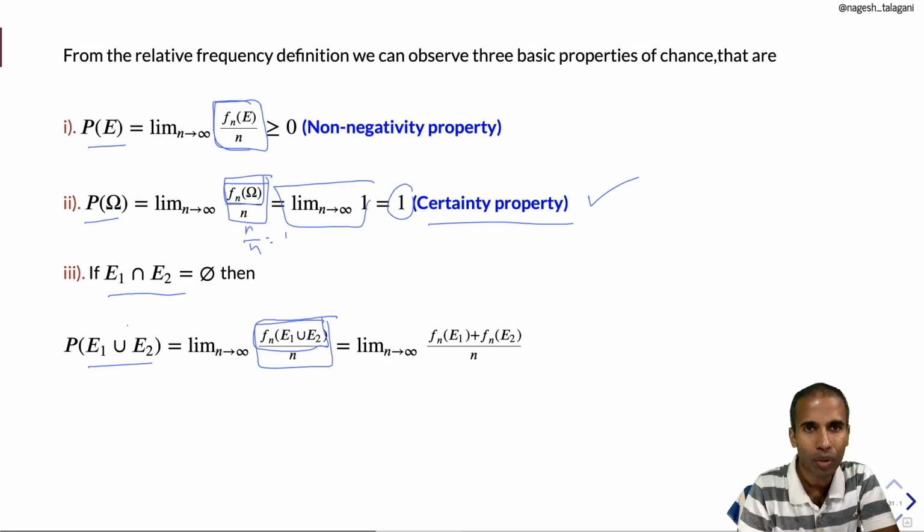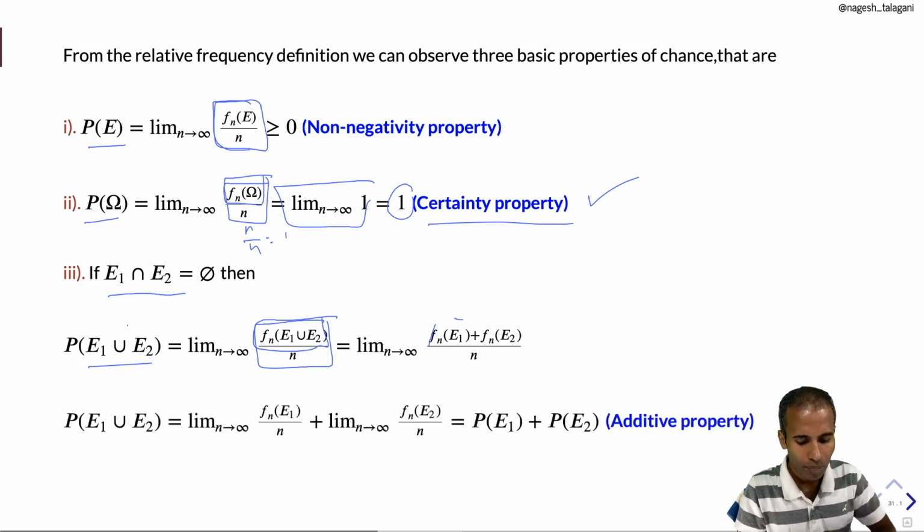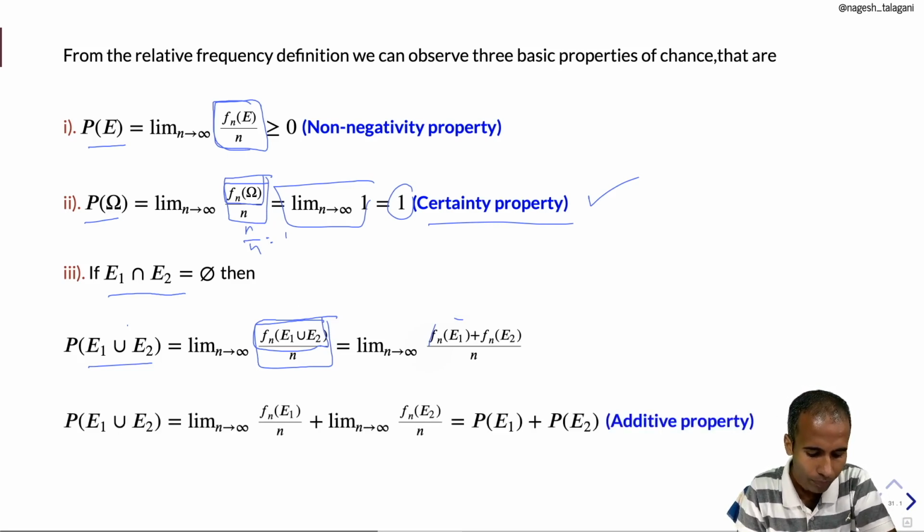Since E1 and E2 do not overlap, it should be the number of times E1 happens plus the number of times E2 happens in n trials. So this is going to be the frequency of E1 plus the frequency of E2, divided by n. Now if you separate, it's going to be the limit of the relative frequency of E1 plus the limit of the relative frequency of E2.